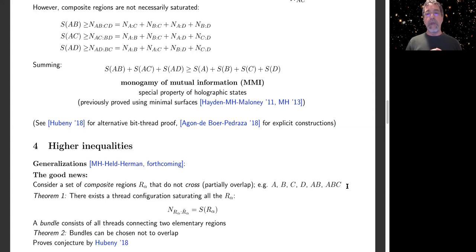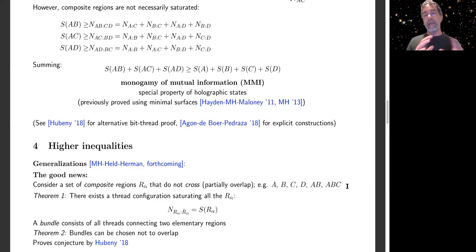So what we can prove is that assuming you have no crossing, then you can do simultaneous saturation of all of the different regions, elementary and composite, as long as the composite ones are not crossing. Okay, and we can prove a stronger result, which proves a conjecture that Veronica made, that actually you can make the bundles.